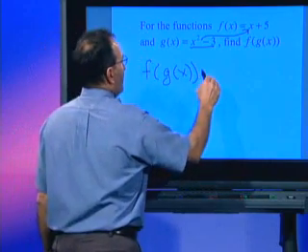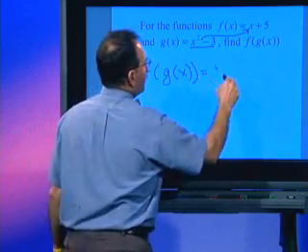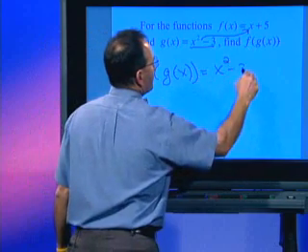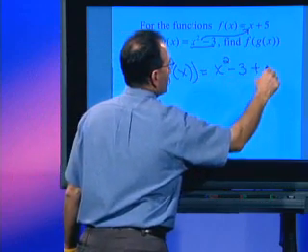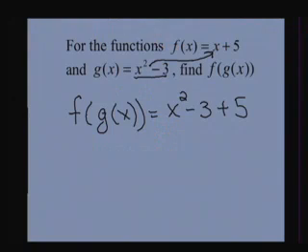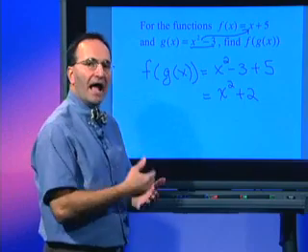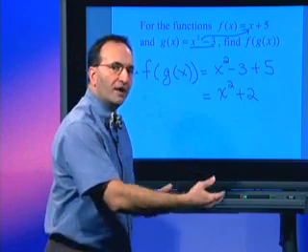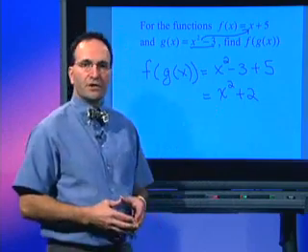So we will get x squared minus 3 plus 5. And then that all works out to x squared plus 2. So that's what we get when we compose the two functions in the order f of g of x. It equals x squared plus 2.